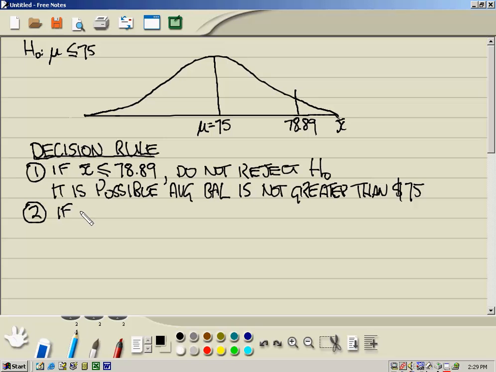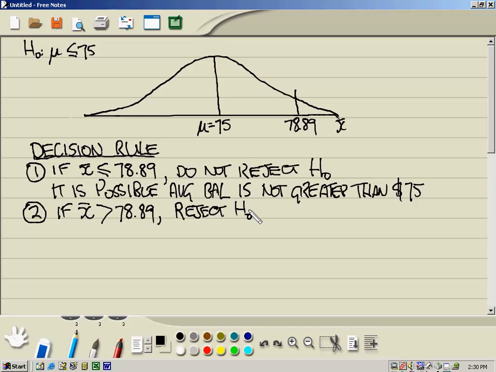Alternatively, if x bar is greater than the upper limit of the acceptance region, out where we do not expect to find sample averages if the null is correct, we get beyond there, we'll reject the null.